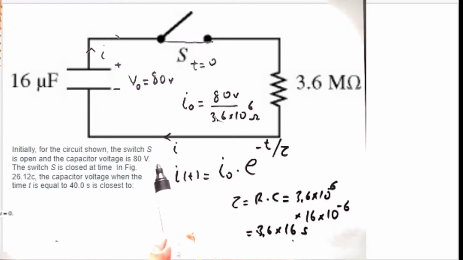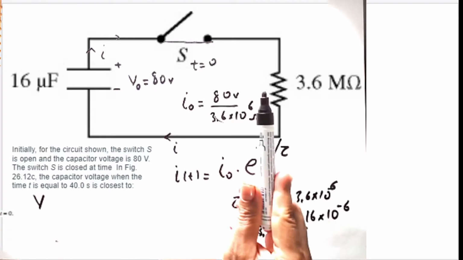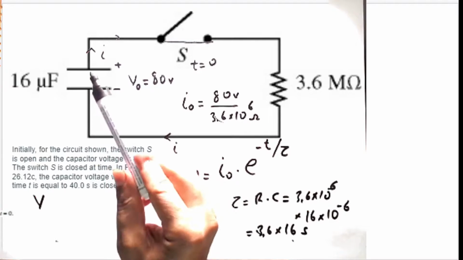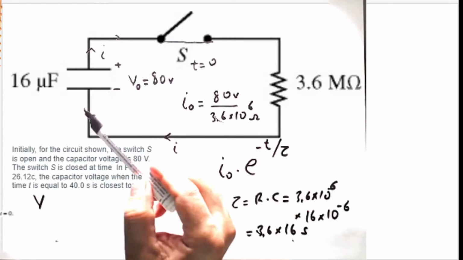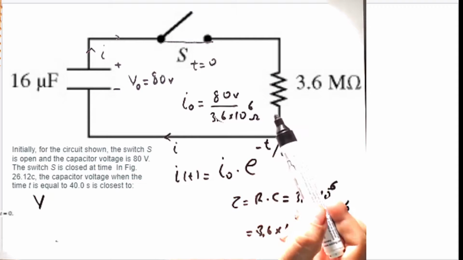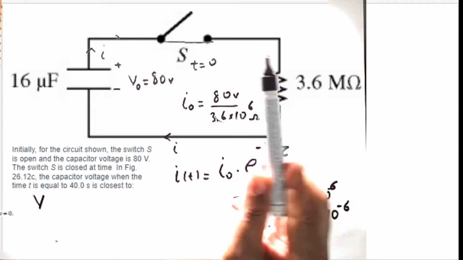The question is, what is the voltage value at time t equals 40 seconds? This was the current equation, but the voltage equation is just the same. Whatever you read from the voltmeter across the capacitor is going to be the same value as the voltage across the resistor, because they are connected to each other.